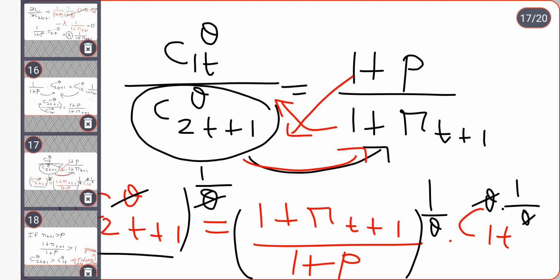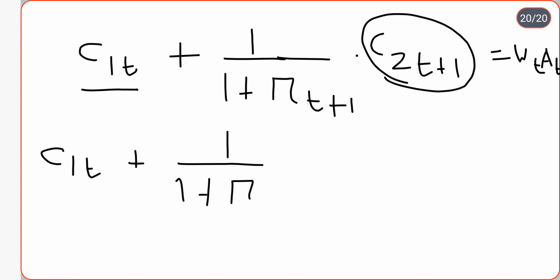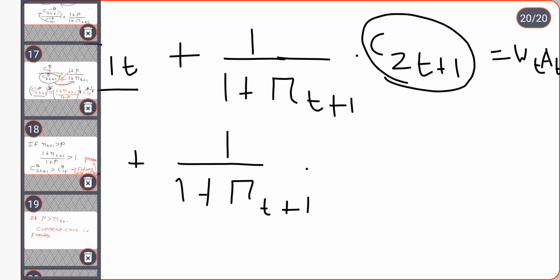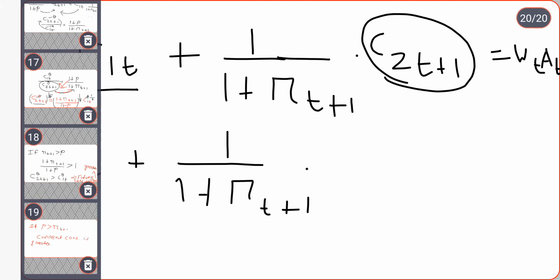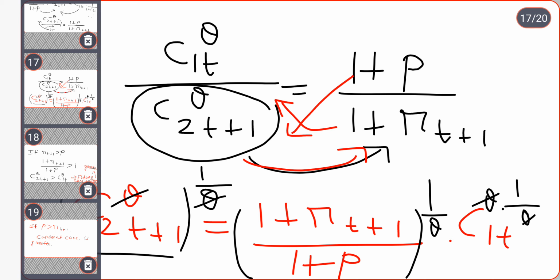Now the value of c2t plus 1 is nothing but, as you can see from here, 1 plus rt plus 1 by 1 plus rho to the power 1 by theta multiplied by c1t.